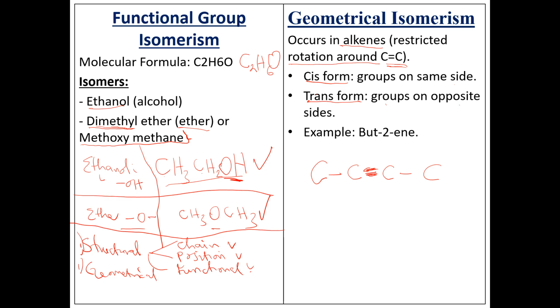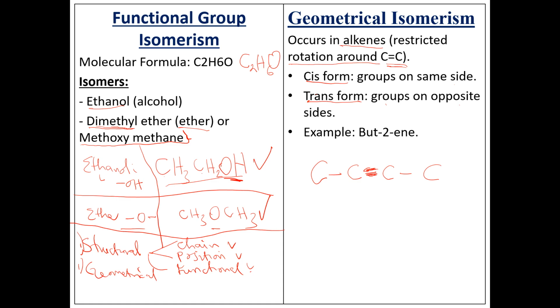So we are looking at this compound, when the groups are on the same side and when the groups are on opposite sides. So in but-2-ene, we can see how this compound exhibits geometrical isomerism.